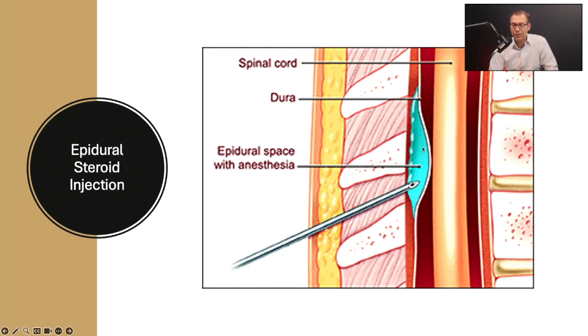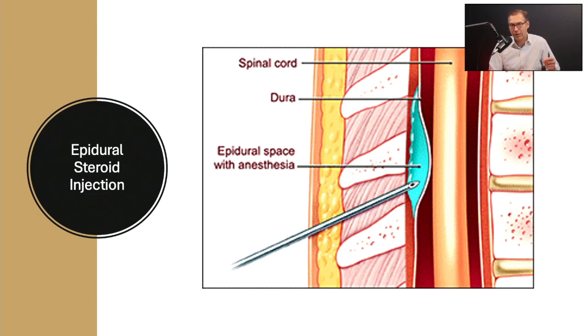And so now if somebody's got a bad disc bulge over here, and all of a sudden you're putting all this fluid on this side, you can see how that would cause some pressure. So sometimes when people have an epidural, they can feel an increase in their pain temporarily or an increase in pressure. Thankfully, that dissipates fairly quickly, but that just helps you visualize and understand what an epidural is, where it's going, what it's doing and how it functions.